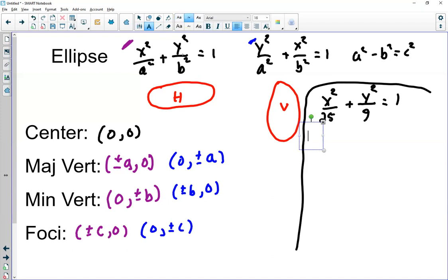I need my center, major, my minor, and my foci. And now I'll graph it.